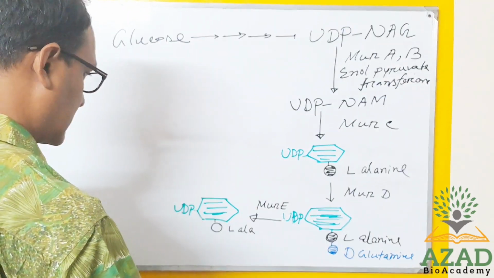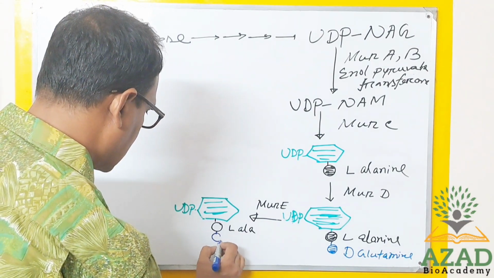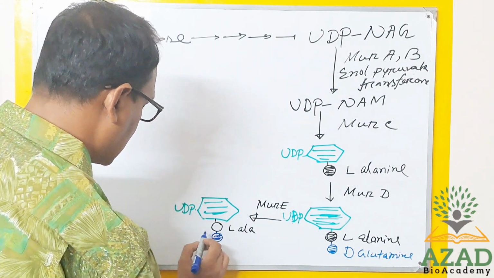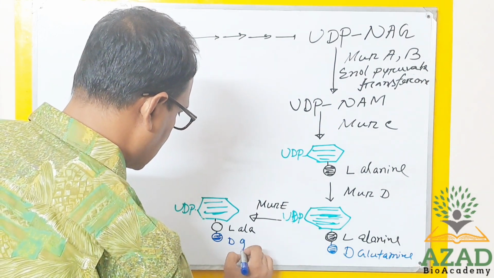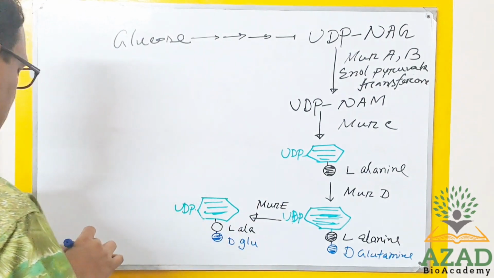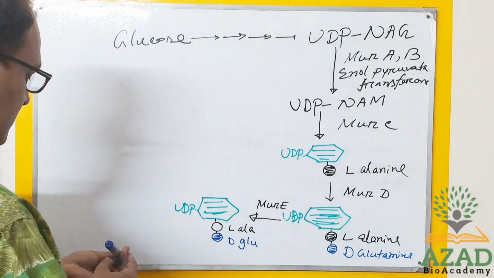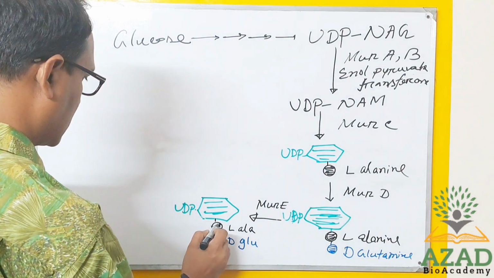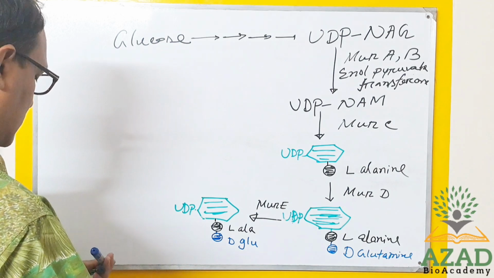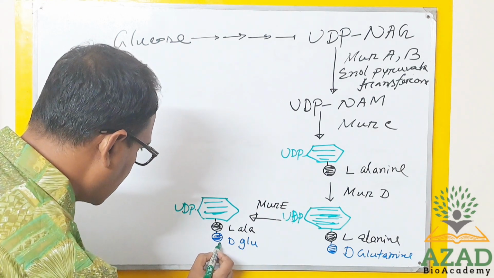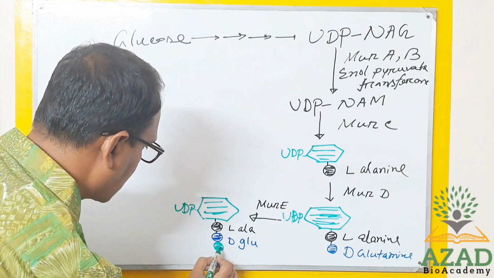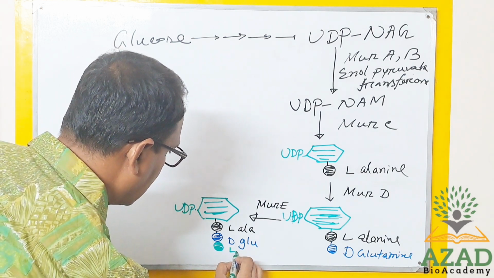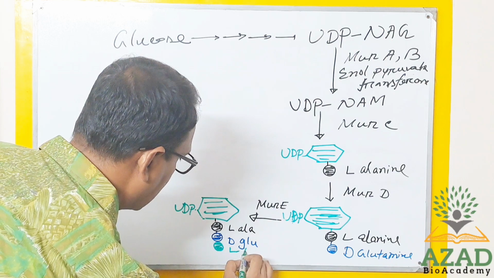Then this is D-glutamine, and now a third amino acid will attach here, that is L-lysine.